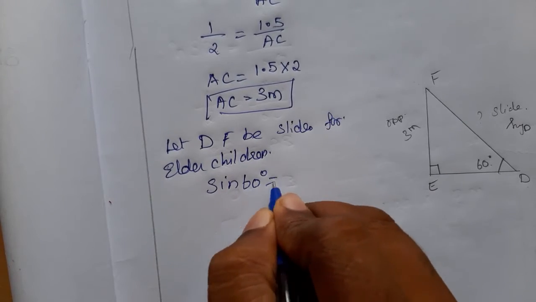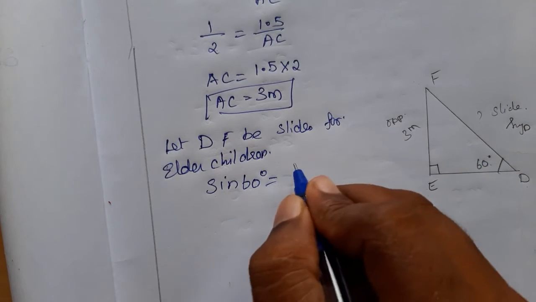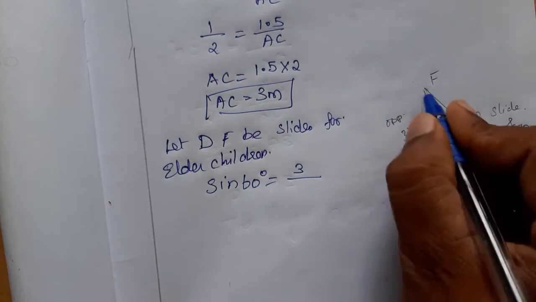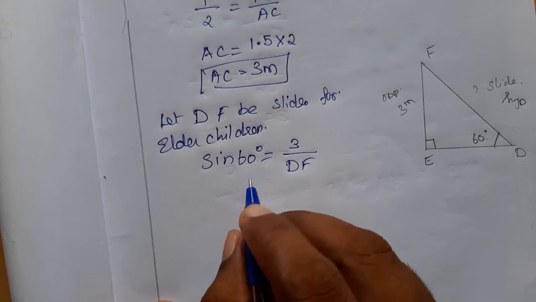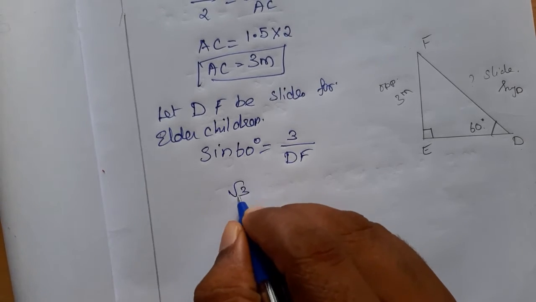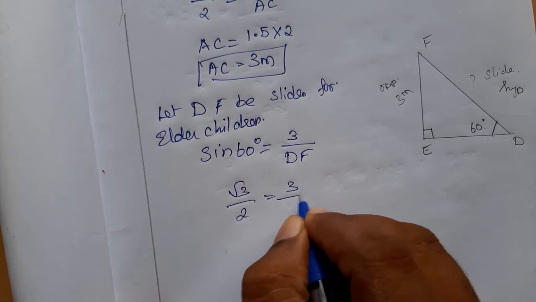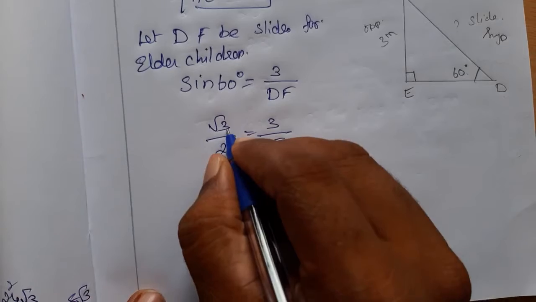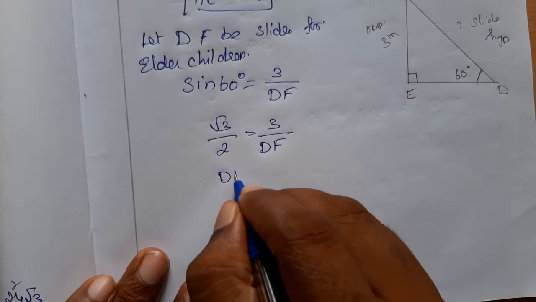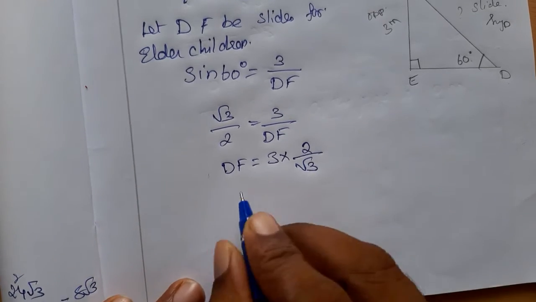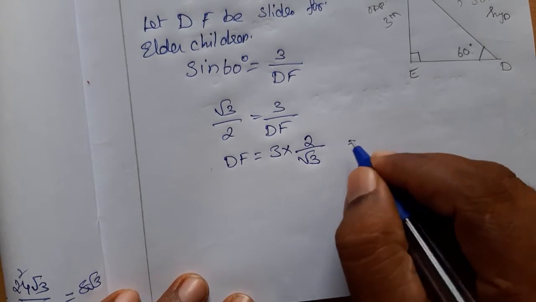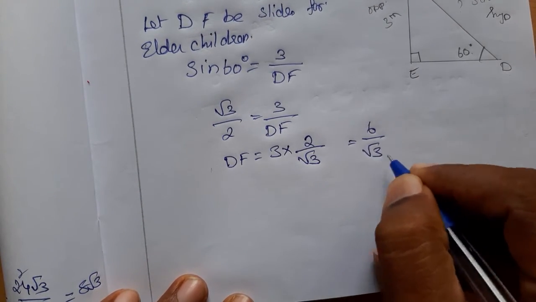So sine 60 degree is equal to opposite, which is 3, divided by the hypotenuse, which is DF. So sine 60 is square root of 3 divided by 2, right? It's equal to 3 by DF. So DF we can take here, it will become reciprocal. So DF is equal to 3 into 2 by square root of 3, which is equal to 6 by square root of 3.